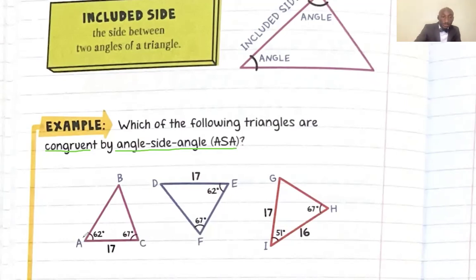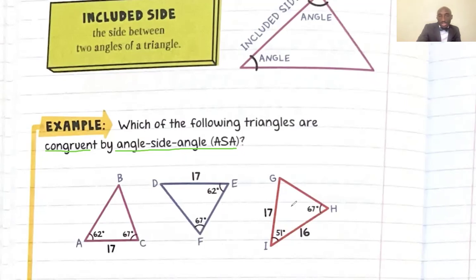So if we look at triangle ABC, we have angle A is 62 degrees, side AC is 17, and angle C is 67 degrees. Okay. And we also know that everything is along the shortest side of this triangle. Now, if we look at triangle DEF, we have angle F is 67 degrees, angle E is 62 degrees, and side DE is 17.